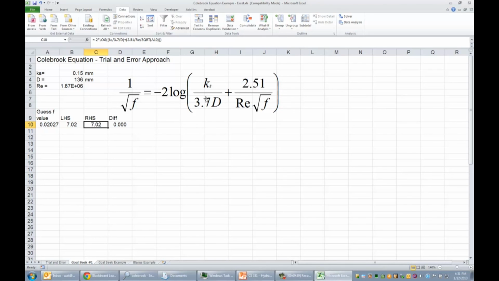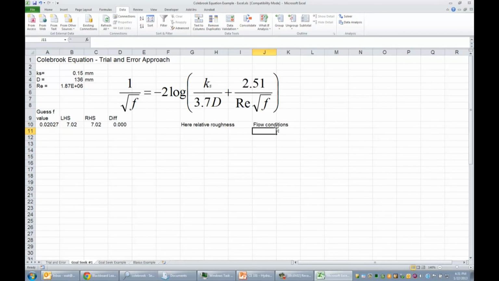Well, of course, the Colebrook equation has 2 parts. This part here has to do with the relative roughness. And this part of the equation has to do with the flow conditions.